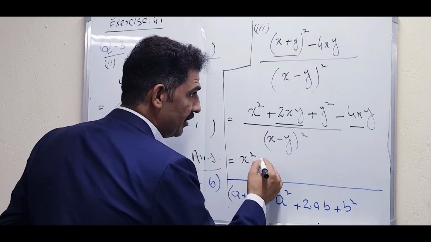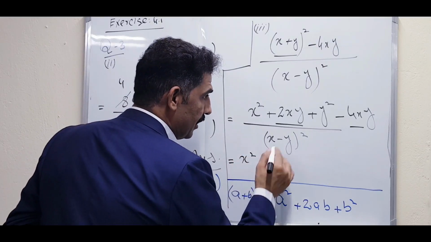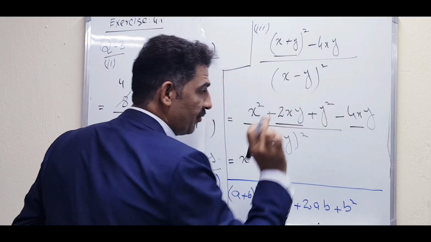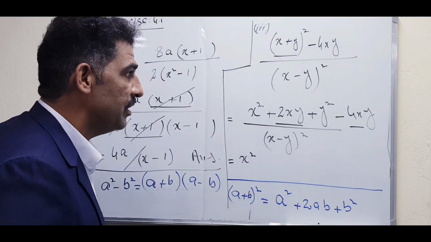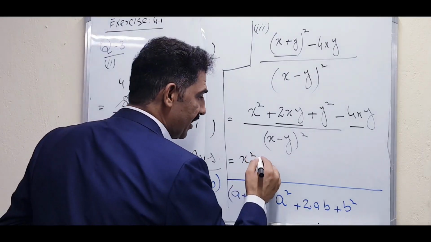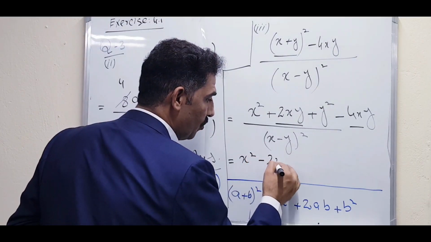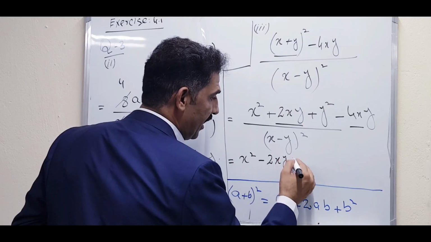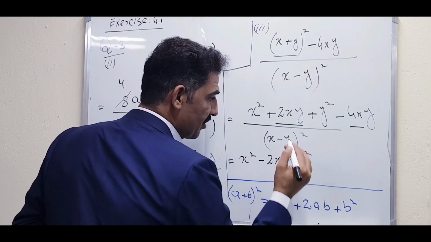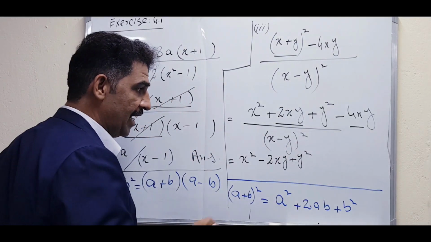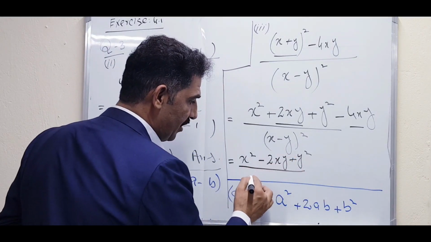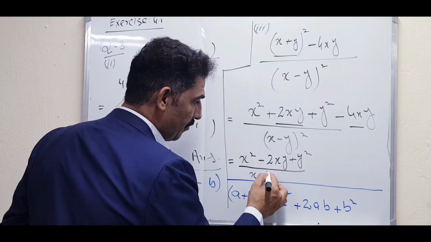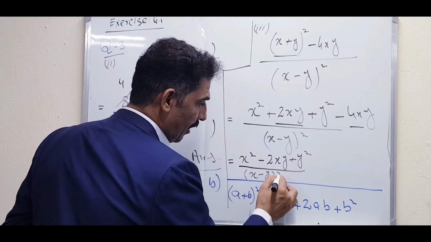X square, and 2xy and minus 4xy. Both have opposite signs, so we have to subtract. The final answer is minus 2xy plus y square, right? And the denominator will remain the same, no change: x minus y whole square.